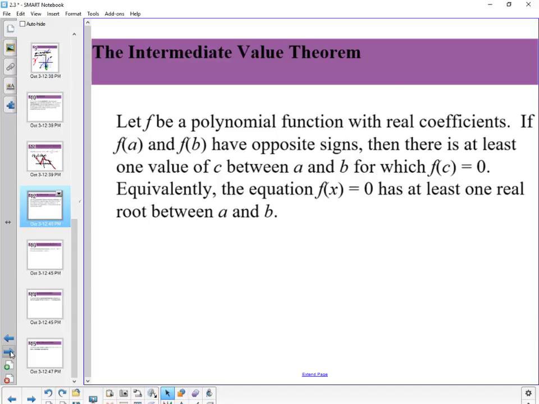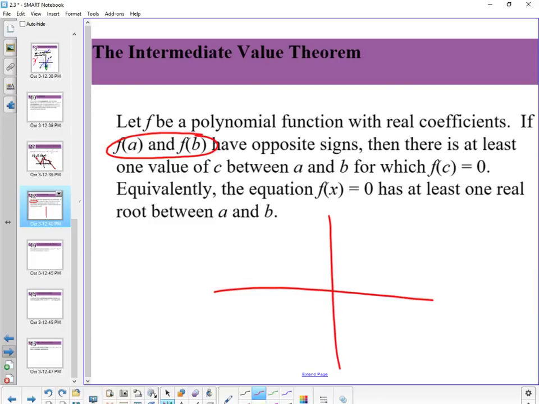Oh, the intermediate value theorem. Guys, this is rocket science. Please listen. If f of a and f of b have opposite signs, one's positive, one's negative, right? So think about that.